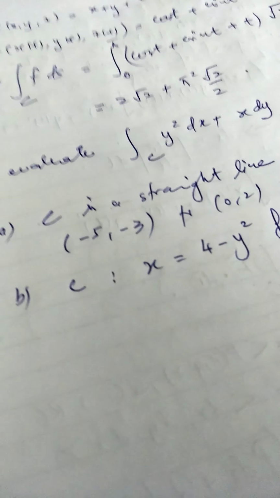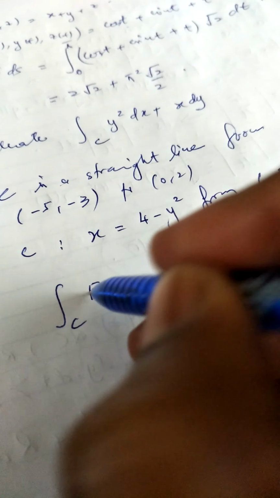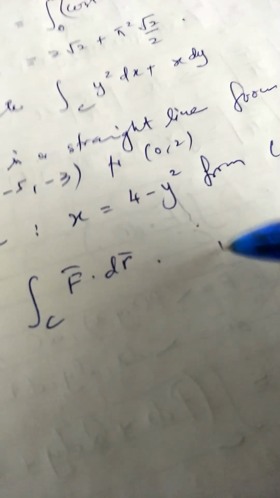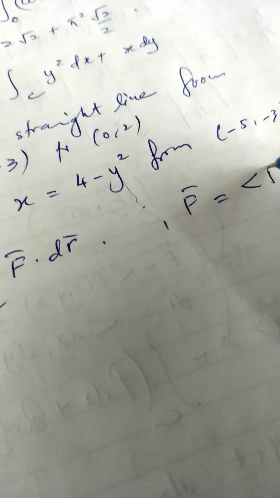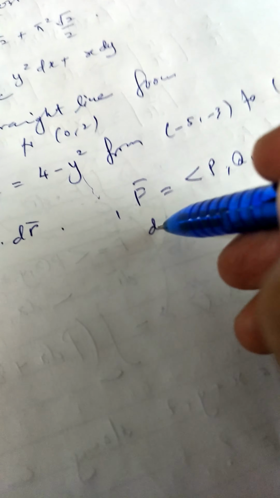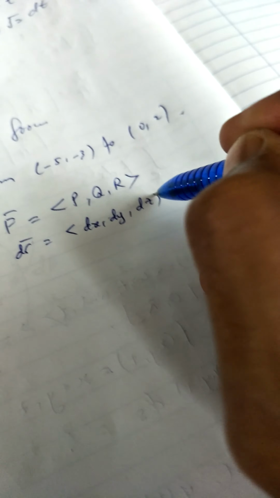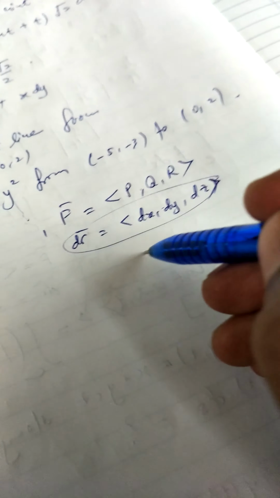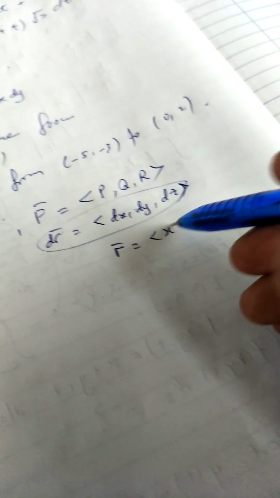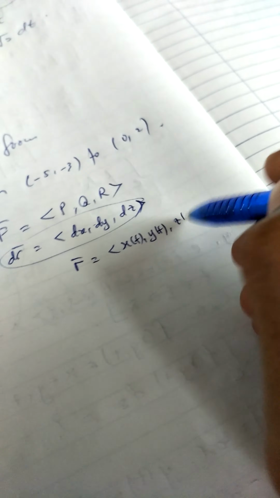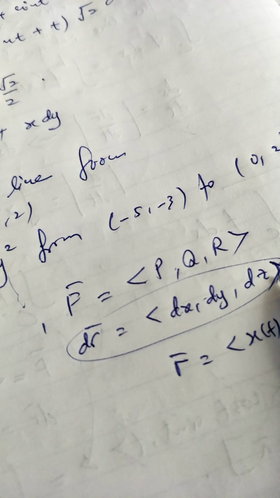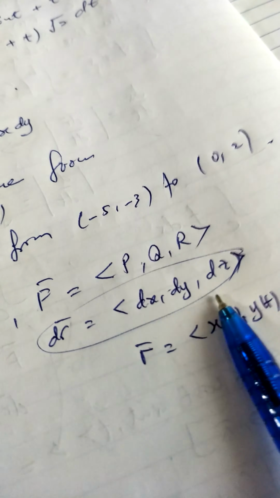If you look at the explanation that I provided earlier, from F dot dr, with F having components P, Q and R of x, y, z, and our dr being dx, dy, dz, where r is x of t, y of t, z of t, and all these dx, dy, dz are actually the differentiation with respect to t.